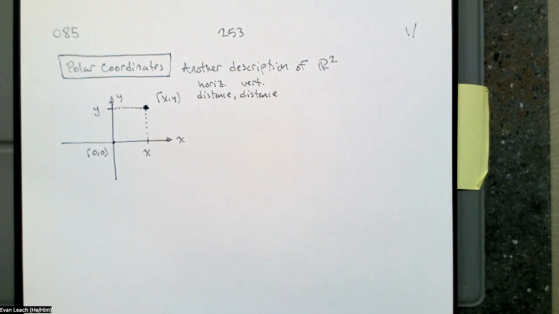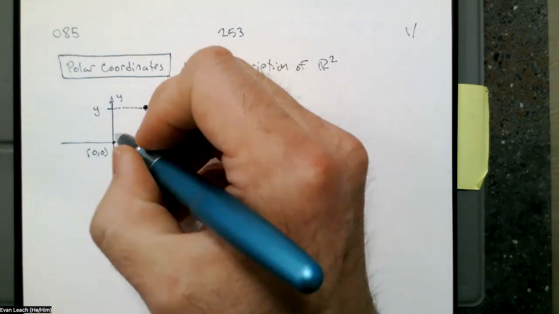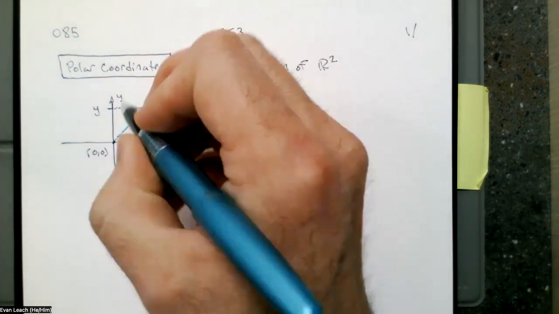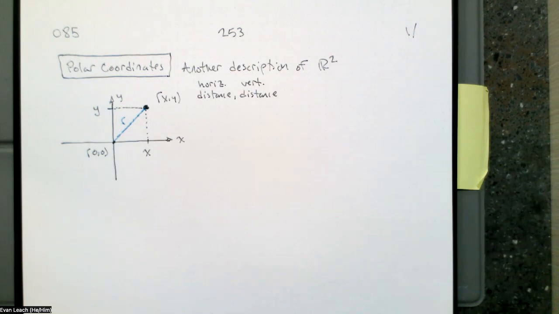But there's another way that we can describe this particular location. We can describe it with one distance, which we're going to call r, and then some kind of angle. So instead of saying go 3 steps to the right and 4 steps up, go 5 steps at an angle of 37 degrees.